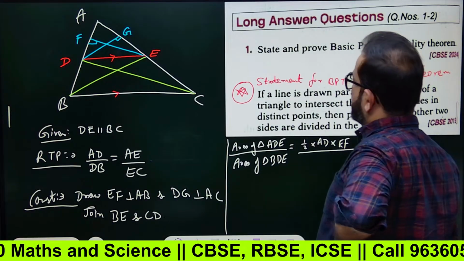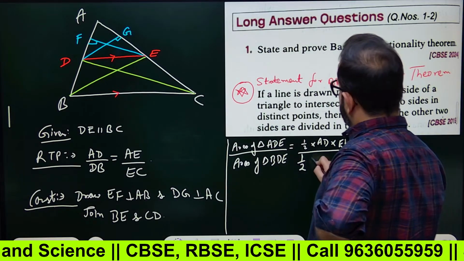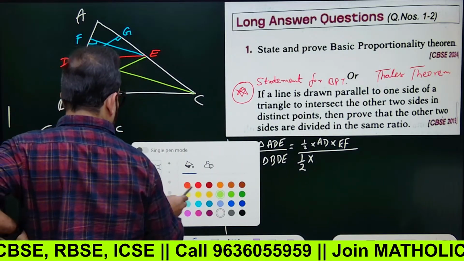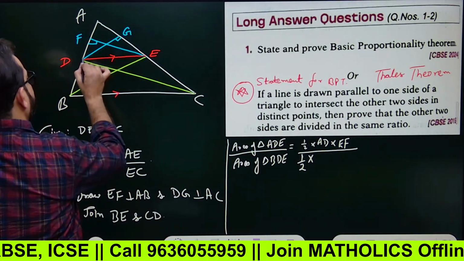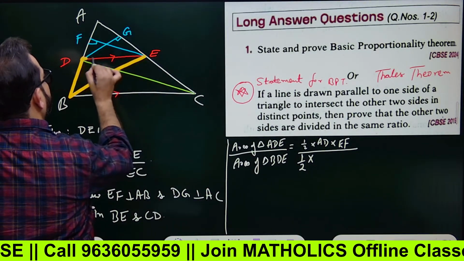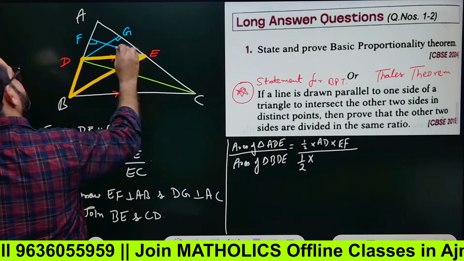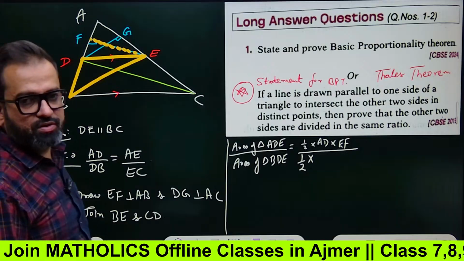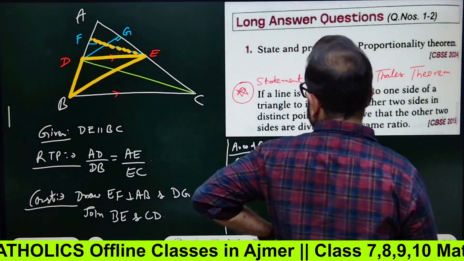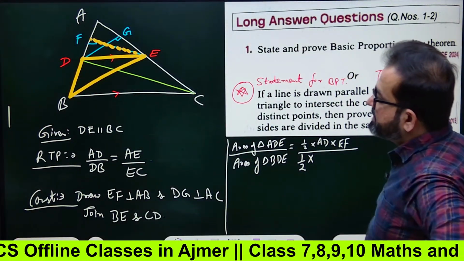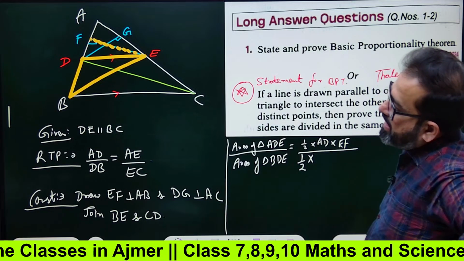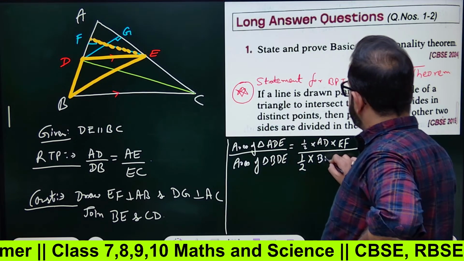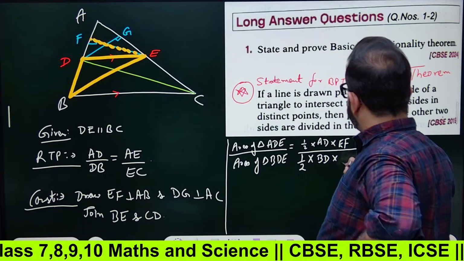Next is half into what is the base for triangle BDE? Can I say this is the perpendicular? Yes. Half into base BD and perpendicular is EF.